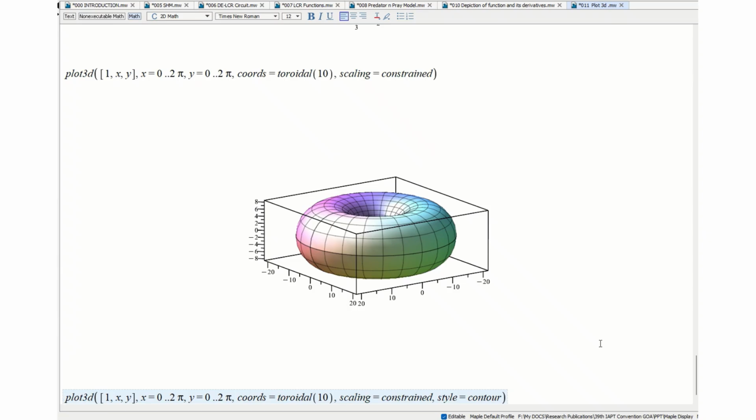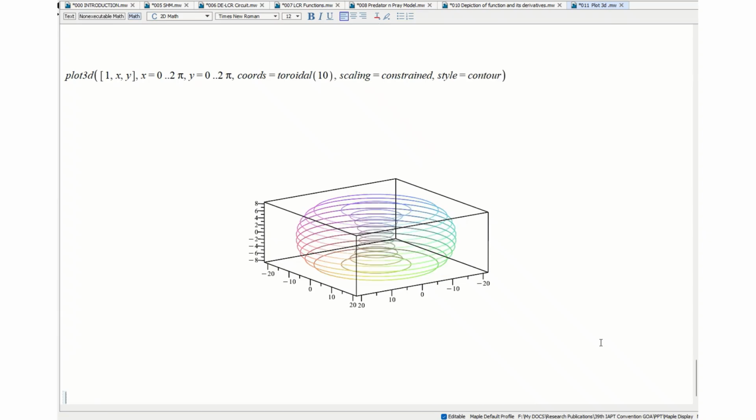So this is a kind of toroidal function, and some other contour pattern.